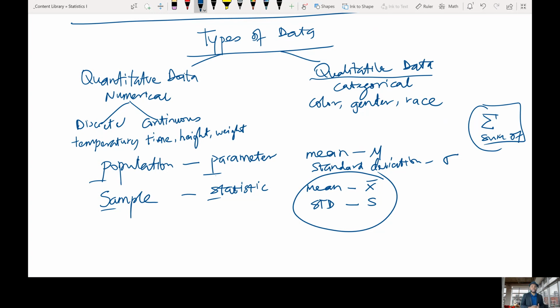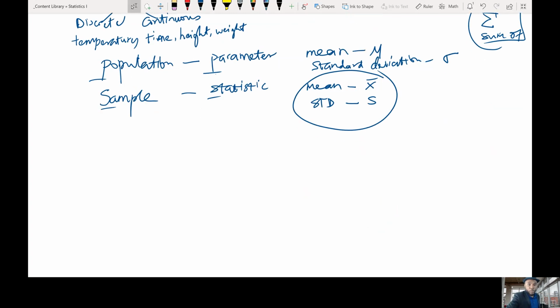An example of continuous data would be temperature. The temperature between 68 Fahrenheit and 69 Fahrenheit has an infinite number of possibilities. Or let's say your weight is 190; between 190 and 191, there are infinite possibilities. It could be 190.1, 190.2, 190.35, and so on and so forth.